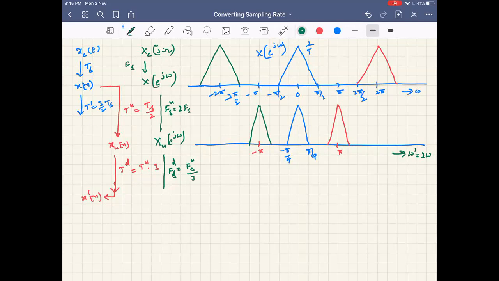So essentially, rather than writing 2 into omega here, this is X(e^j 2 omega). This is how we can write it, and then you can write this as the omega' axis.